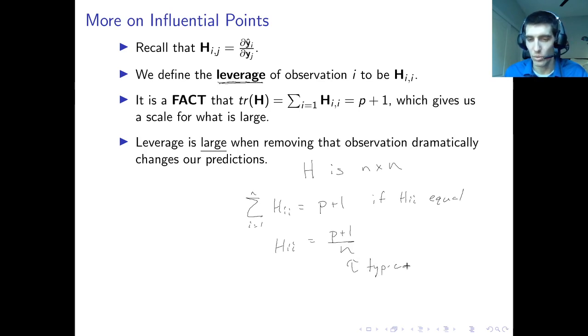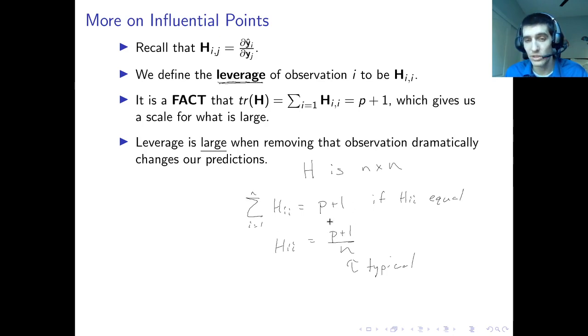Normal is a loaded word in statistics. So this is typical, right? What we'd expect is all of these leverage terms should be near this value, right? Maybe some will be a little bit above, some a little bit below, but if they were constant, they would be this. If we find a leverage value which is 8 times this value, we would say, ooh, that's weird, because one of the values would have to be lower to compensate for that in this sum, right?